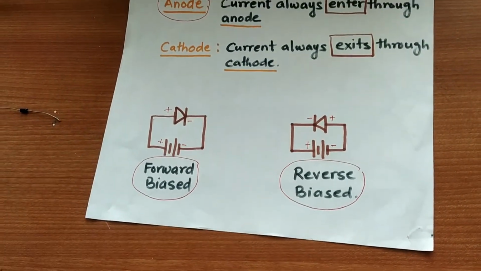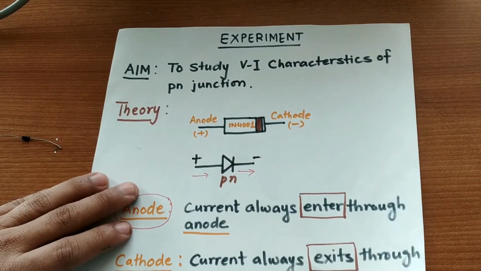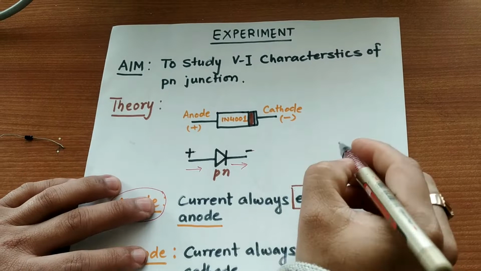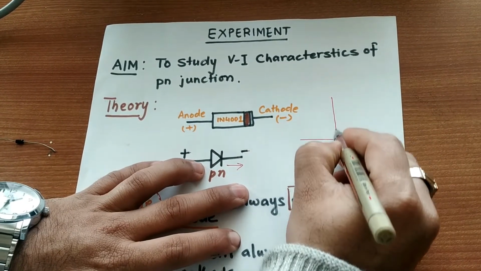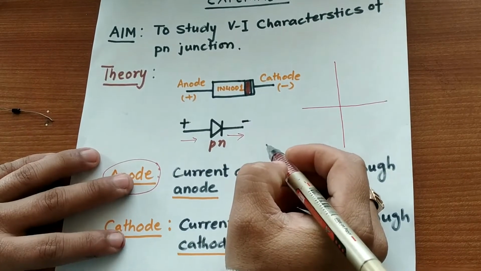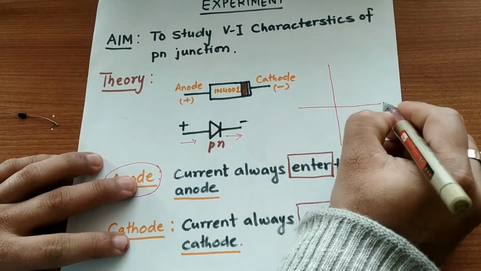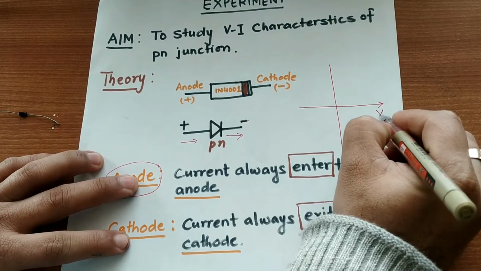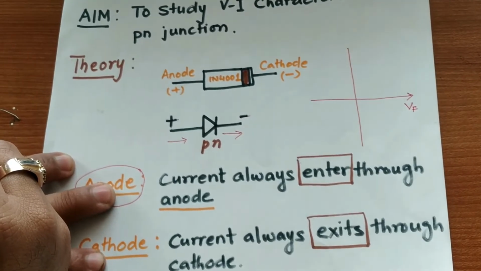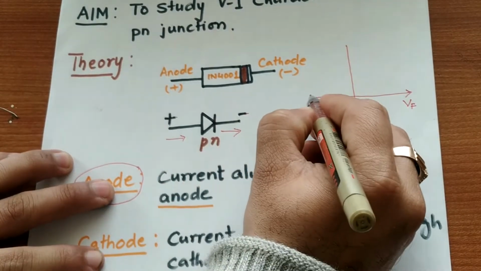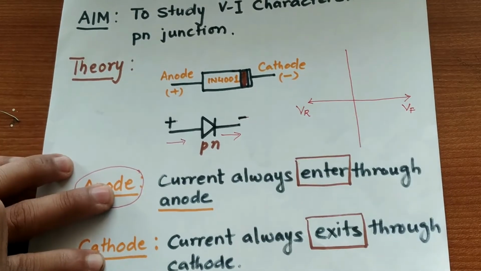When we talk about the VI characteristic of a diode, we have a diode working in two conditions. In forward bias condition, we use the voltage VF. When the diode is working in reverse bias condition, we mention the voltage as VR.